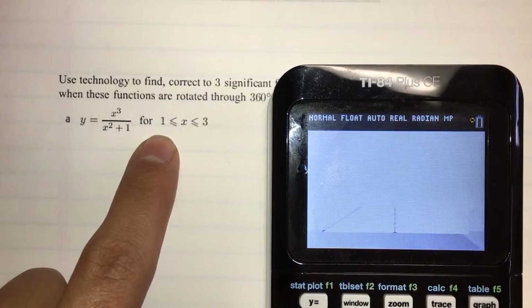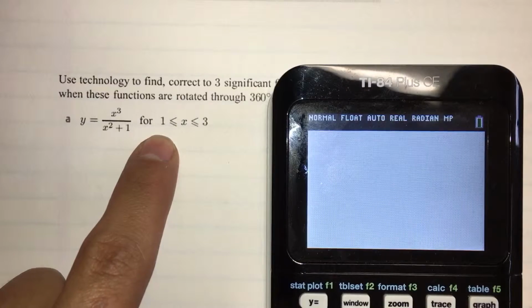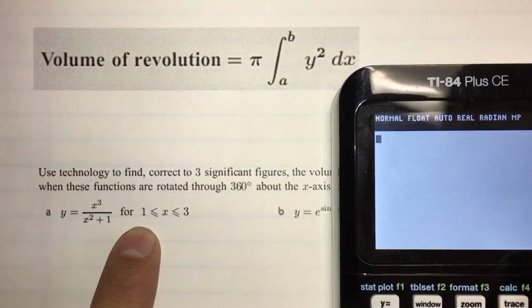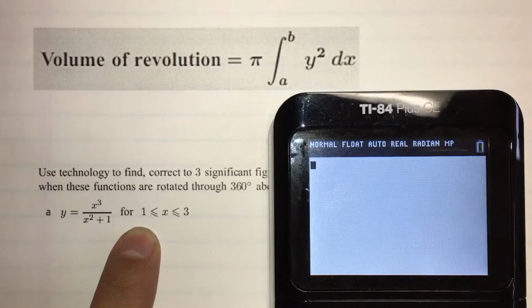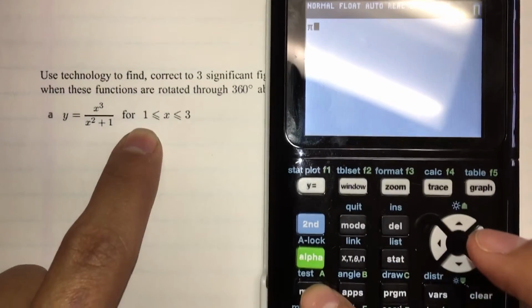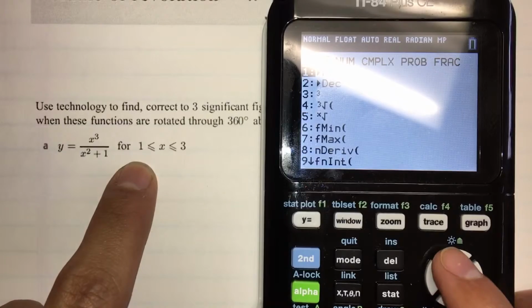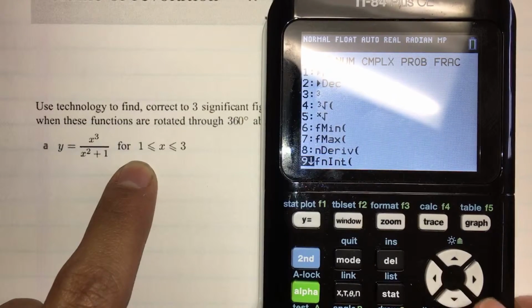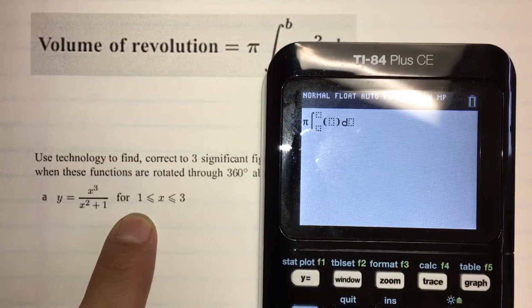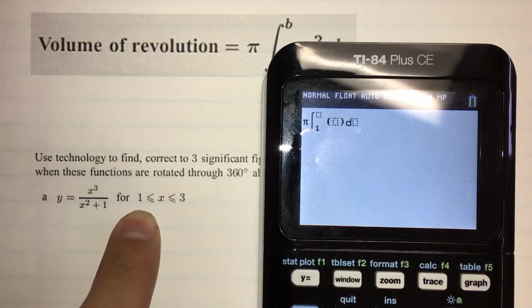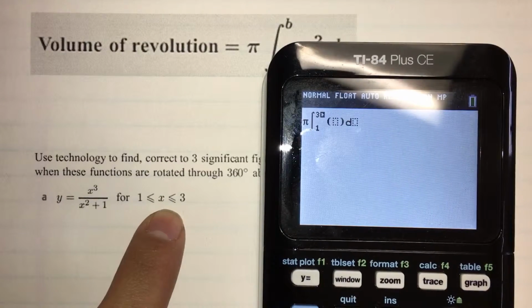And to do that, we'll go back to our home screen and just essentially remember our formula as we do this. And we're going to type in pi, and then if we hit the math button, we can go to the integral, and our bounds of integration are 1 to 3.